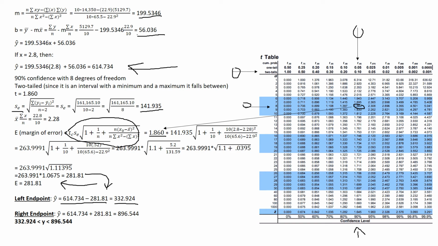And then 614.734 plus 281.81, which is 896.544. So those are my endpoints. When I predict this for 2.8, it will fall between 332.924 and 896.544.